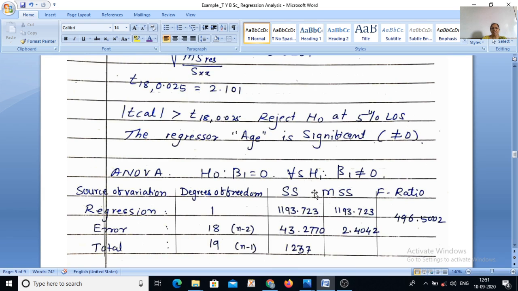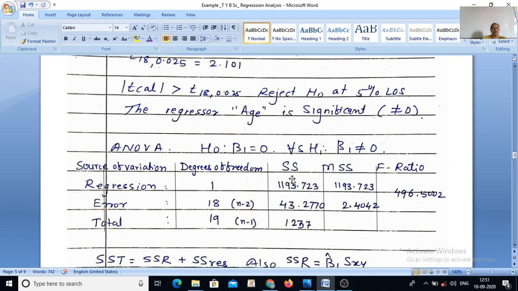So beta 1 has some positive or negative value, but it is not equal to 0. Here we have only one source of variation, that is regression, and we have the total variation, the total sum of squares. SSR is this. Error is our other component, which is obtained using the residual sum of squares.